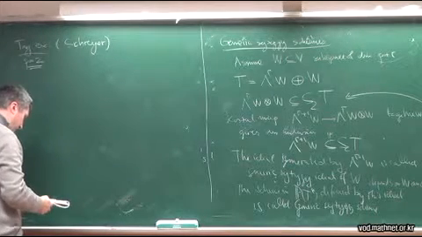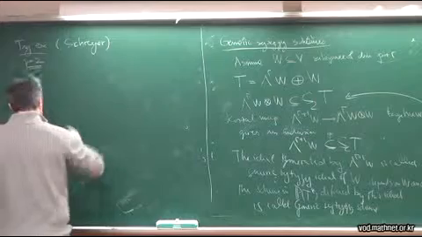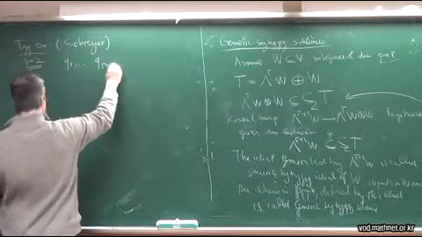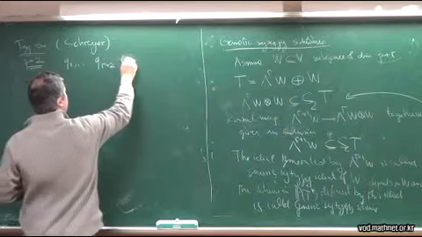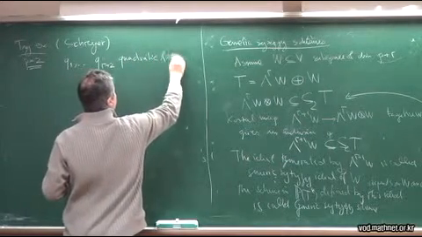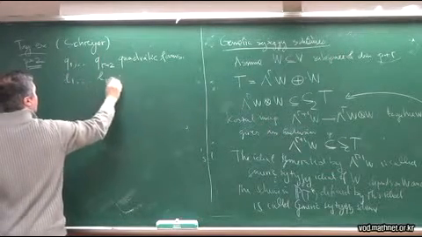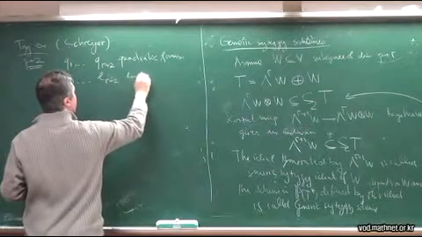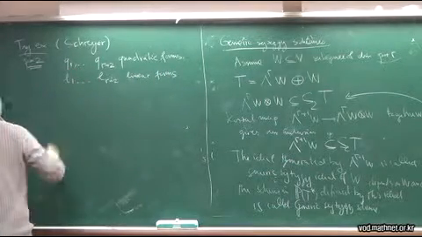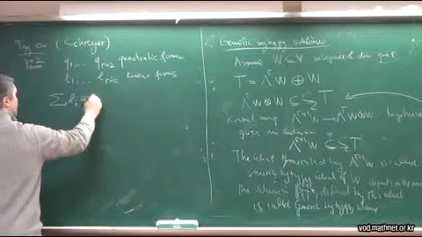So in case P equals 2, we have Q1 up to QR plus 2 quadratic forms, and L1 to LR plus 2 linear forms that give a relation.